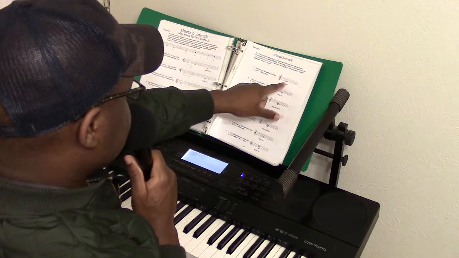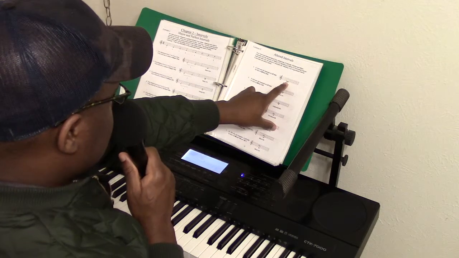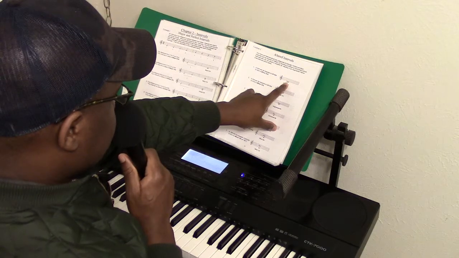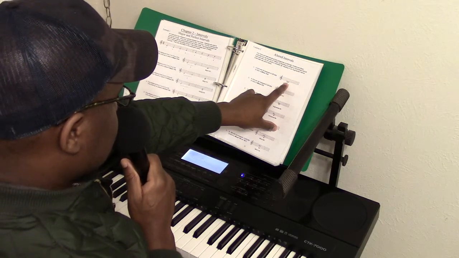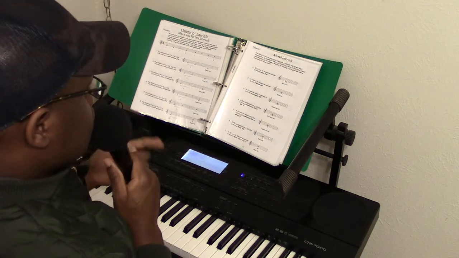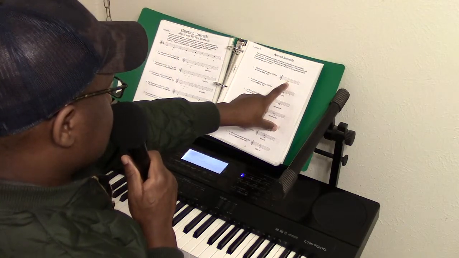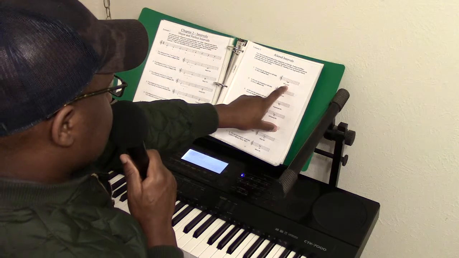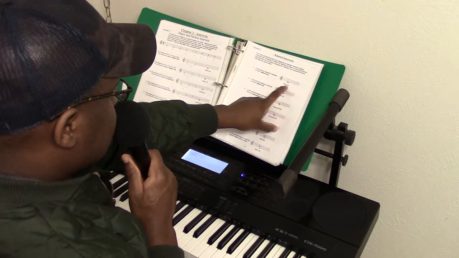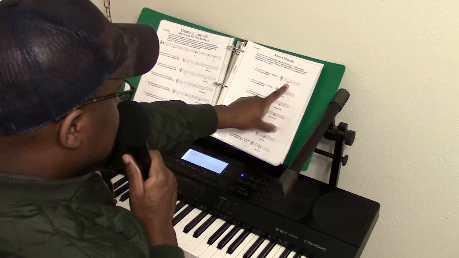This combines being able to read what note it is, being able to recognize a flat or a sharp. Flats and sharps are called accidentals because the note is altered. So being able to recognize accidentals, and then being able to recognize the length of time that you have to play the notes. In this case, you can see you have a C and a D.